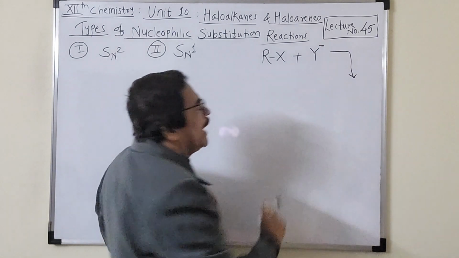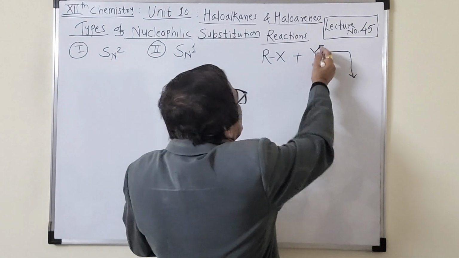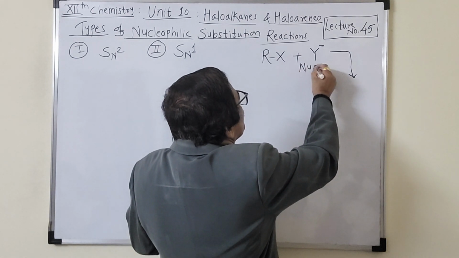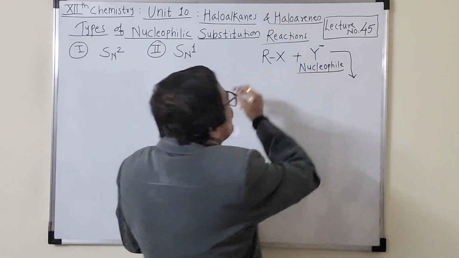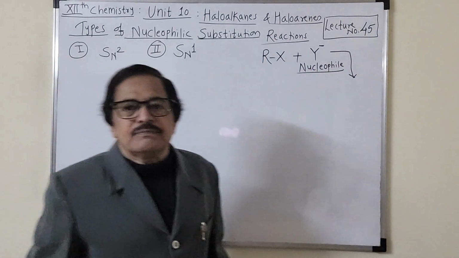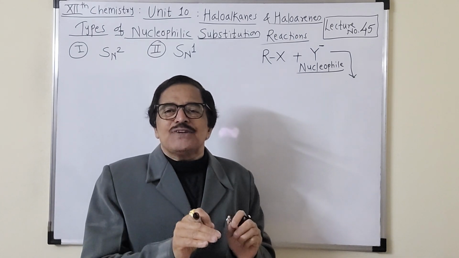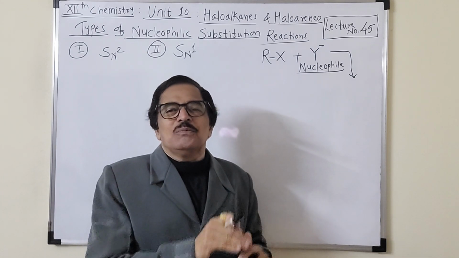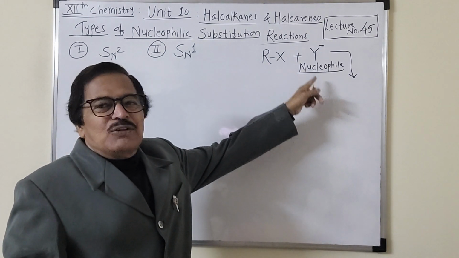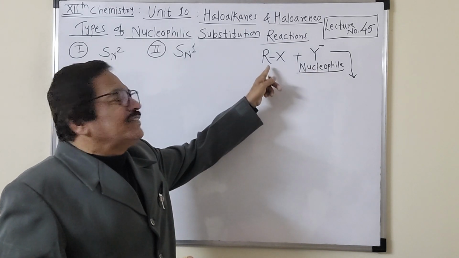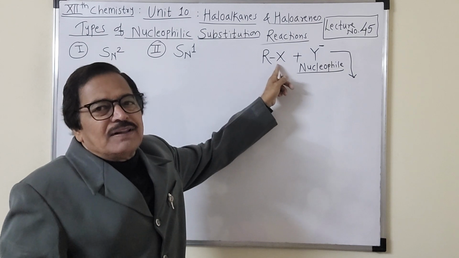Any atom or group of atoms having excessive negative charge or excessive lone pair of electrons is known as a nucleophile. That is Y minus. And RX is the haloalkane. So we see that this X minus is the nucleophile there.